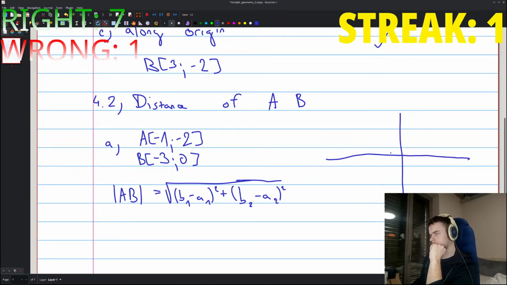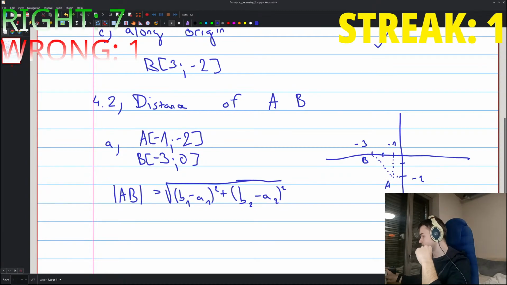So we have A at -1, 2 and B at -3, 0. We need to calculate this distance. So probably the easiest thing would be to take this, and then just calculate this.